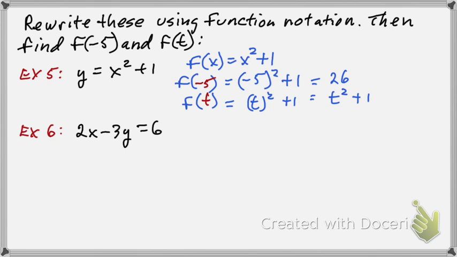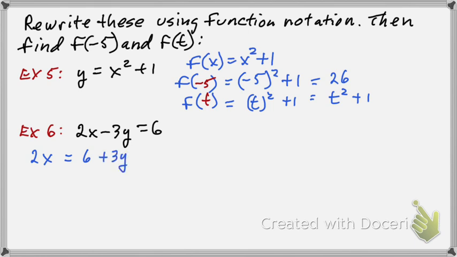Example 6 is more interesting because look at the difference in it and what example 5 had. Example 5 already had solved for y. Example 6, we have to solve for y first. So do you want to take the y's, you want to leave them on the left-hand side or take them to the right-hand side? Okay, so I've got 2x equals 6 plus 3y.